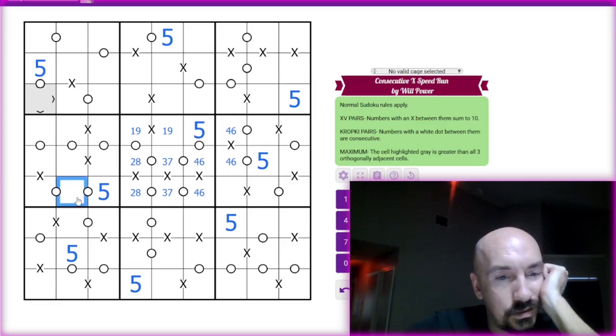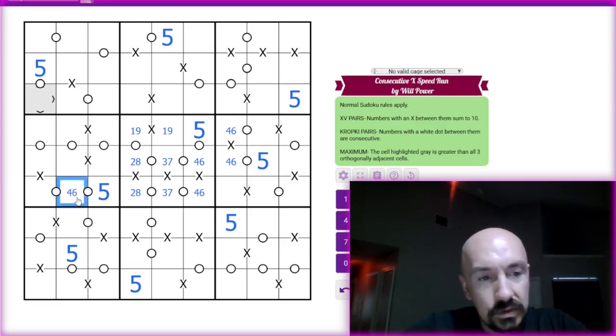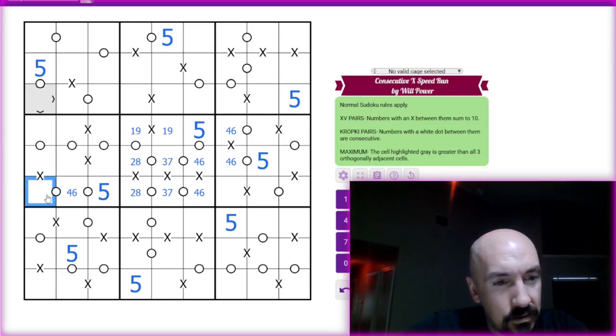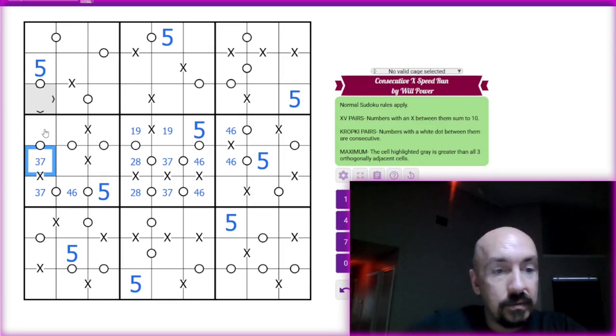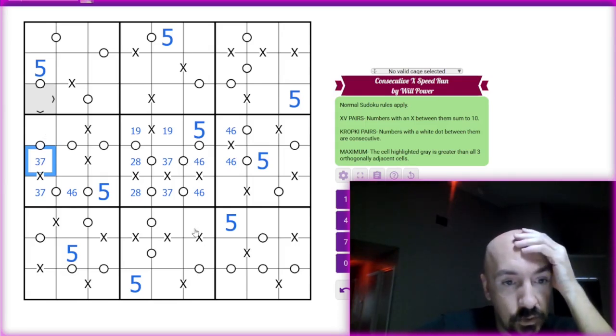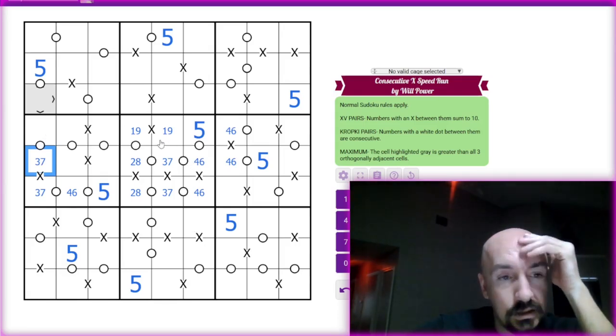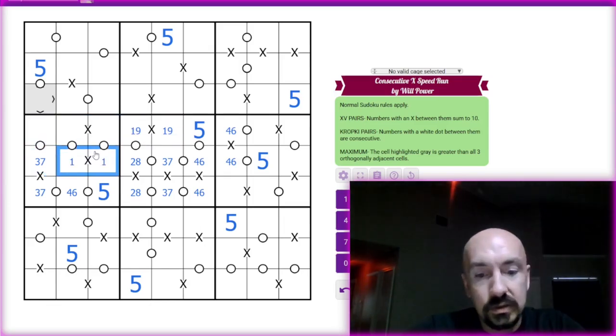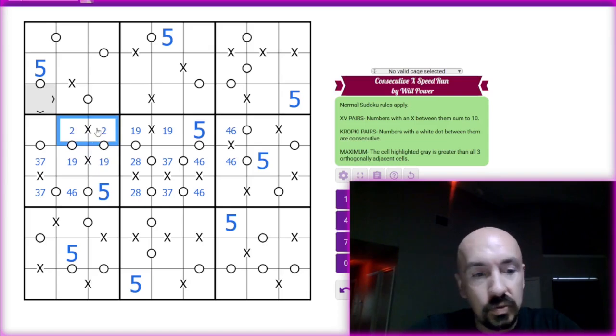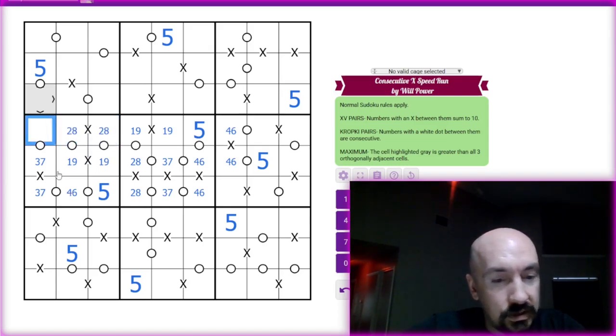So this is 4 or 6. So that's going to be 3 or 7, and that's going to be a 3, 7 as well. So this is now a 4, 6 pair. Okay. That's 1, 9. So then we can place the 1, 9 here. That's going to be a 2, 8, which puts this as a 4, 6 as well.